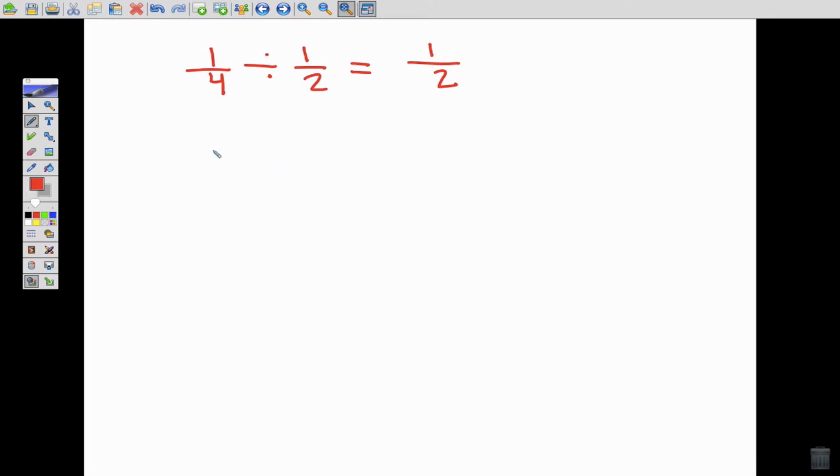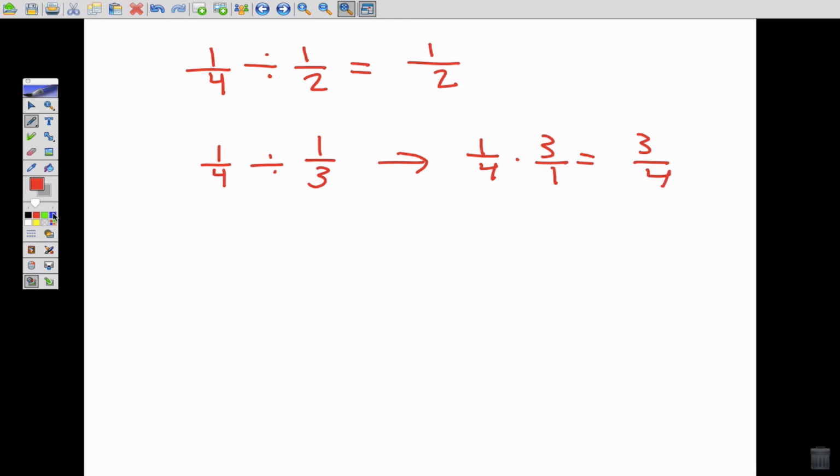Okay? But what happened was when you got to problems like this, 1/4 divided by 1/3. 1 divided by 1 is 1. 4 divided by 3 is an improper fraction. Not going to be easy to work with. So the trick was you can change this to 1/4 times 3 over 1, and that would be 3/4.